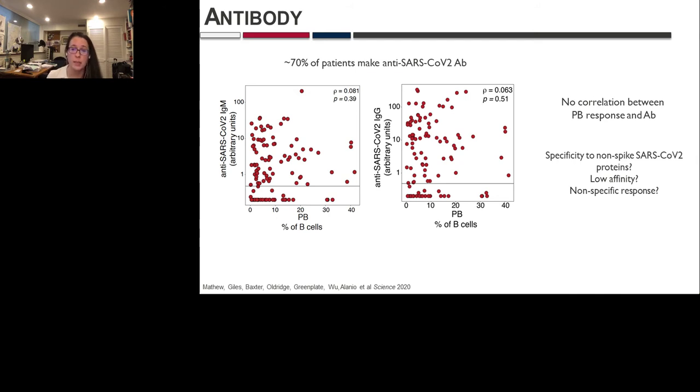And the third possibility is they're not specific for SARS-CoV-2 at all. Some proportion of these plasmablasts may either be nonspecific and just responding to environmental inflammation, or they may be responding to some kind of self-protein. And it's going to take a lot more work, I think, to figure out what these plasmablasts are all responding to.